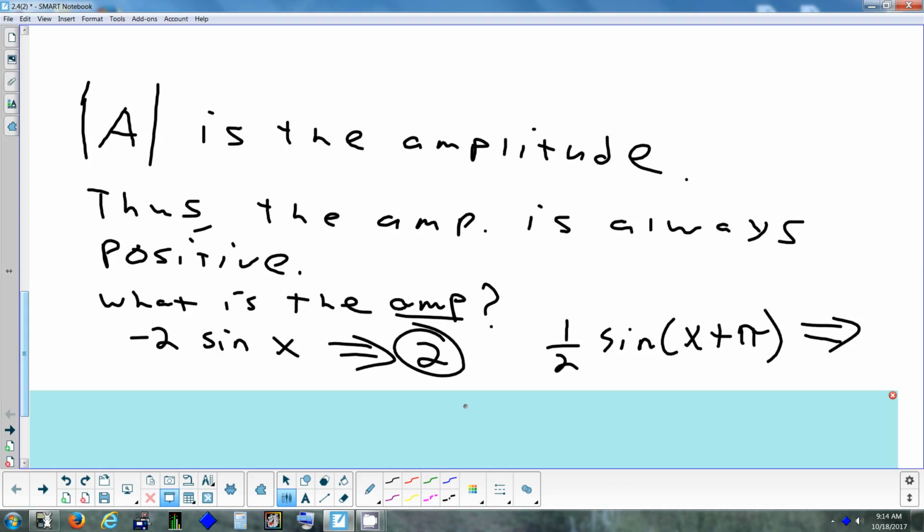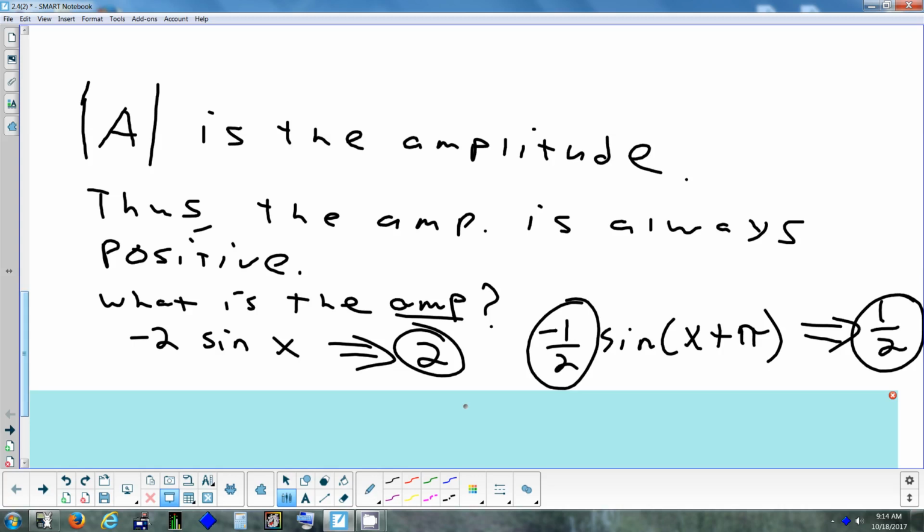Okay, so what would the amplitude be? It would be 1/2. As Paige just said, that pi is going to shift it left and right. Well, specifically, this one's going to shift to the left. But shifting left has no effect on the amplitude, so you don't even need to look at the plus pi. It has no effect on the problem at all. That's the only thing you need to look at to find the amplitude.